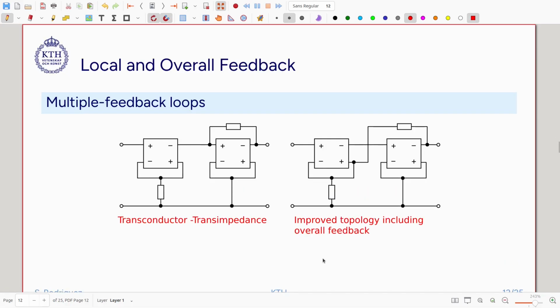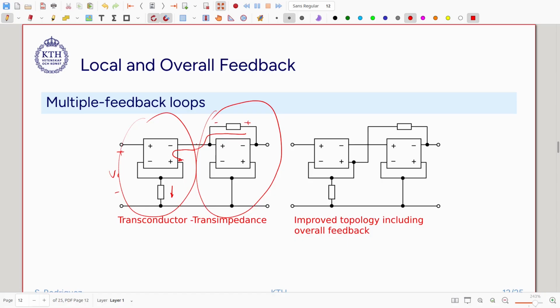Here we have another common example. We have a transconductor that converts voltage into current, and this current flows in this direction and is then converted into voltage here. Again, we have this amplifier and this amplifier, and basically they are separated.